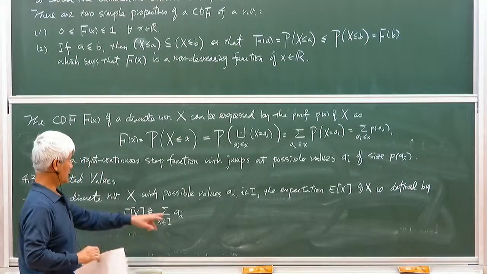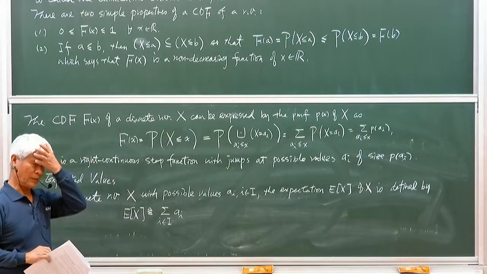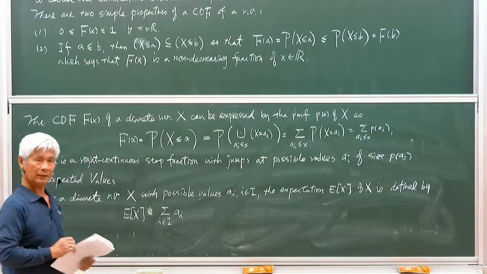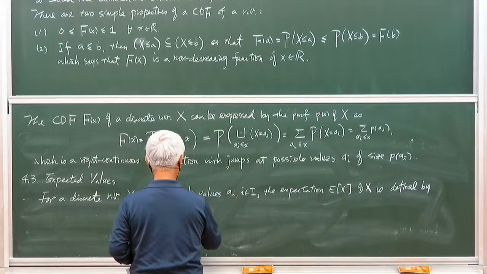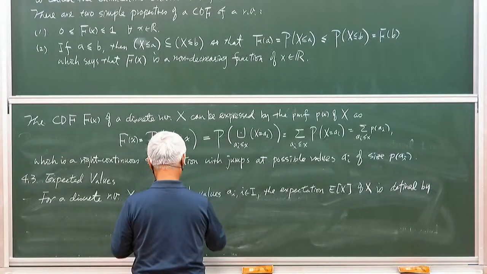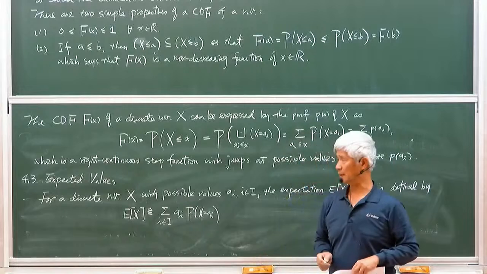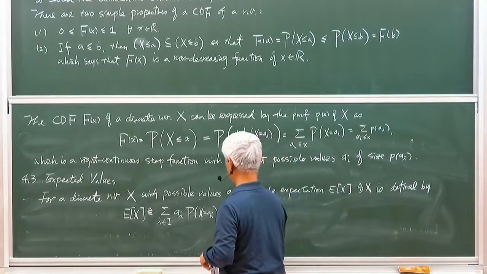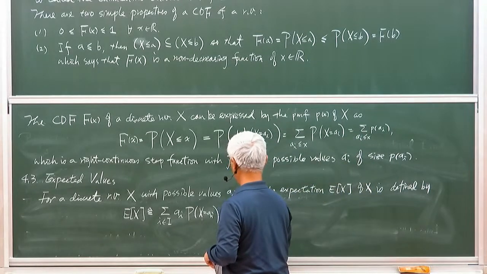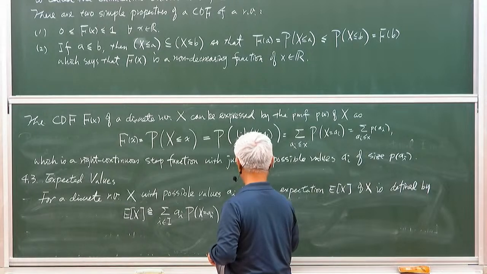So a sub i is a possible value, weighted by the probability that this random variable has value a_i. And in terms of the PMF, this is here.